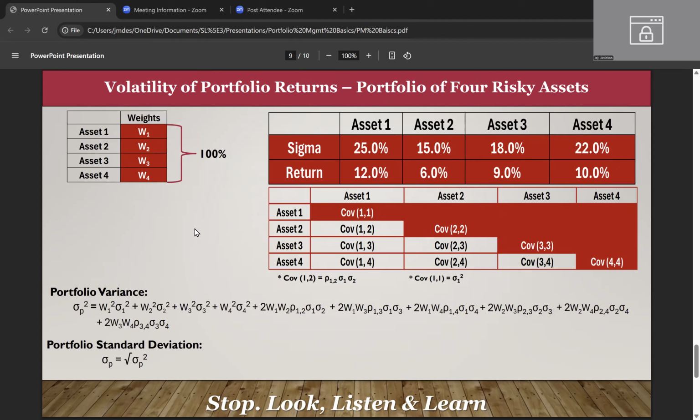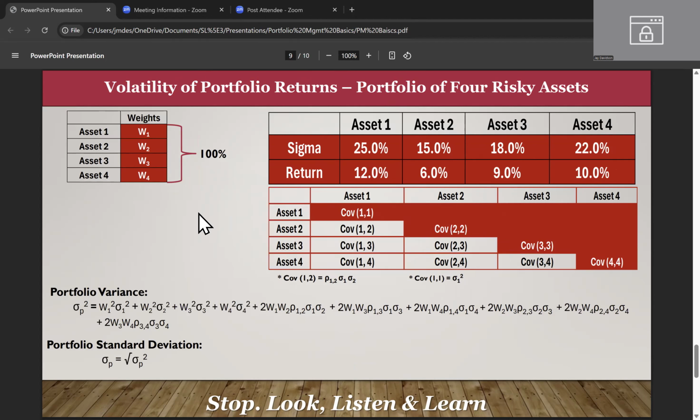So now here is where it gets a little bit interesting. Now we're dealing with the four assets. On the exam, you're very, very likely, I'll say about 80% likely, to get problems dealing with two assets, portfolios where you have only two assets.